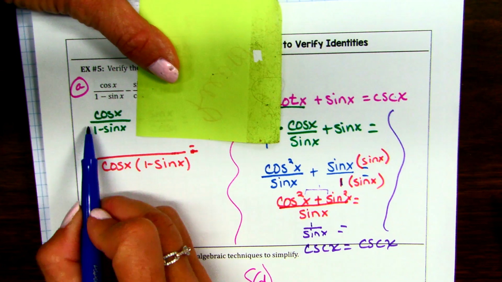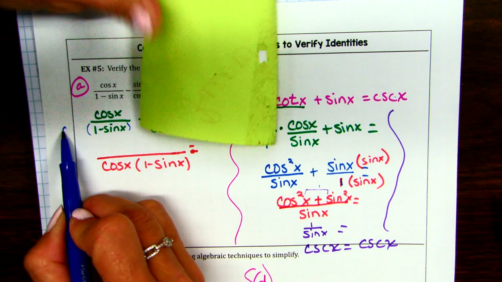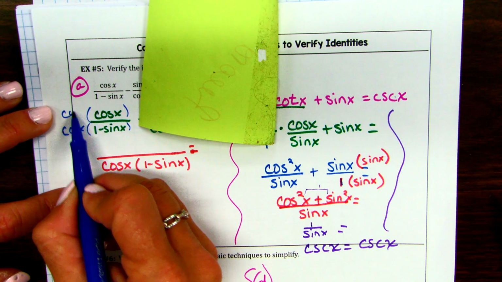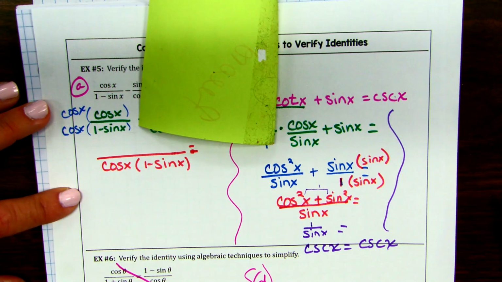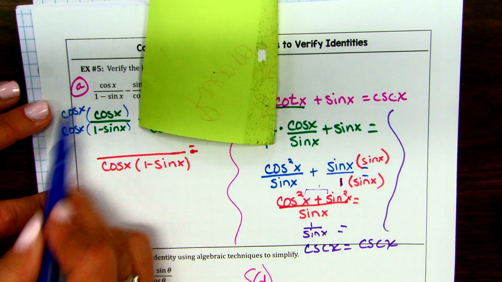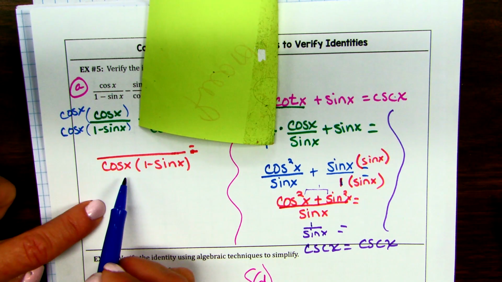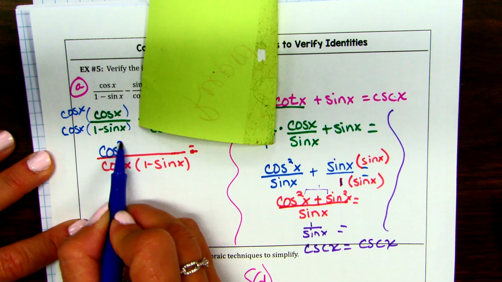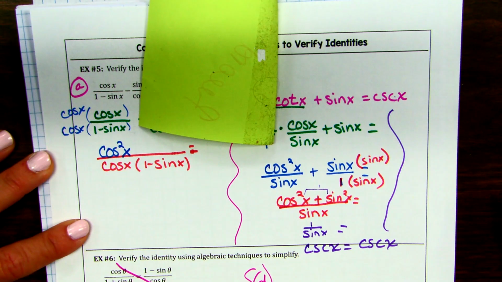It doesn't have cosine x. So if I multiply this denominator by cosine x, I also have to multiply the numerator by cosine x. So now the green fraction has the correct denominator, and now we can do cosine times cosine and get cosine squared. So that first fraction is done.